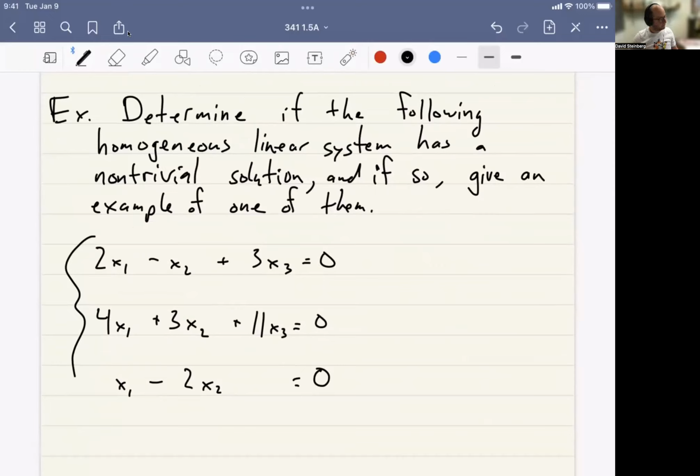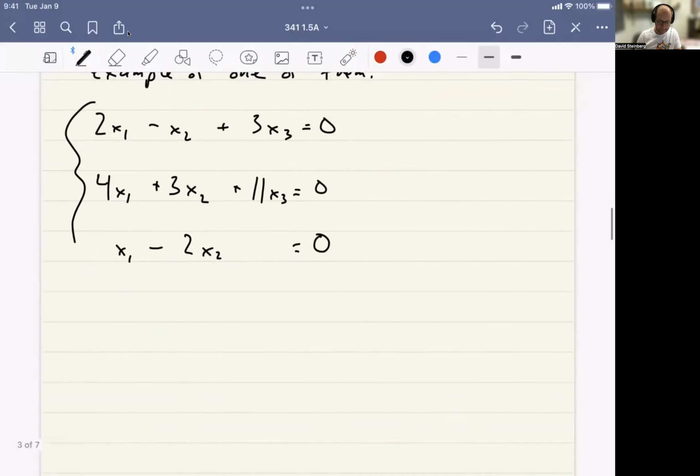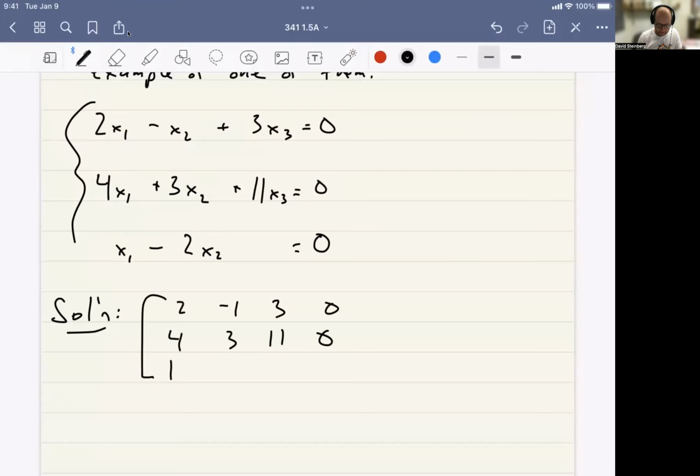So we'll do the same thing we've always done, which is row reduce. We've got the matrix with rows 2, -1, 3, 0; 4, 3, 11, 0; 1, -2, 0, 0.